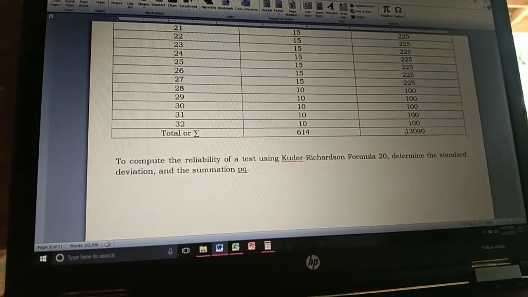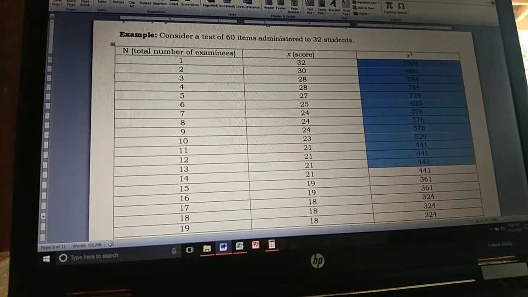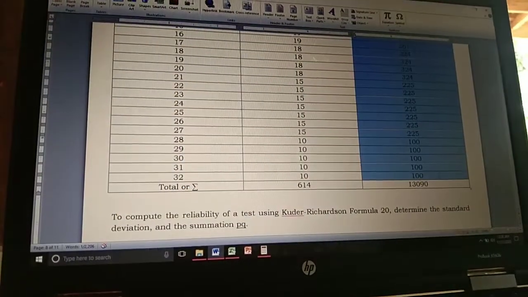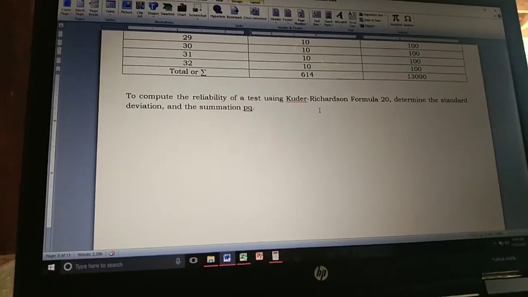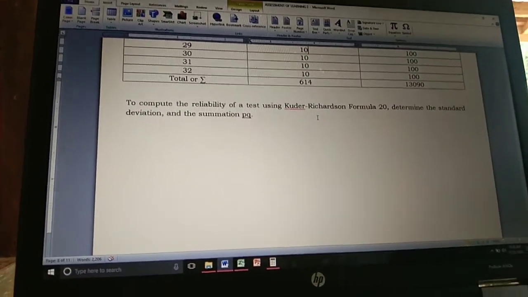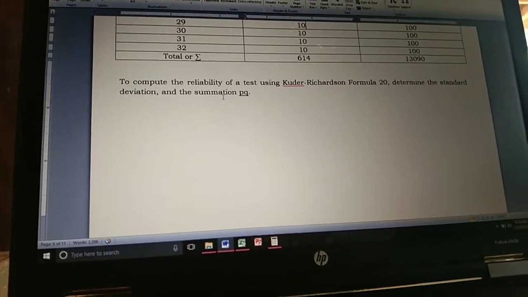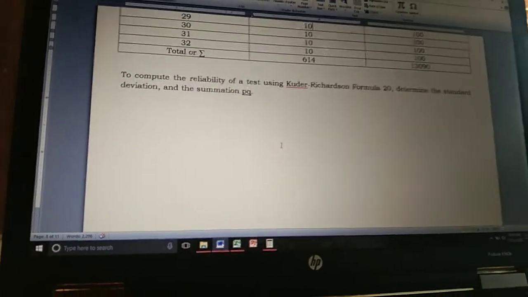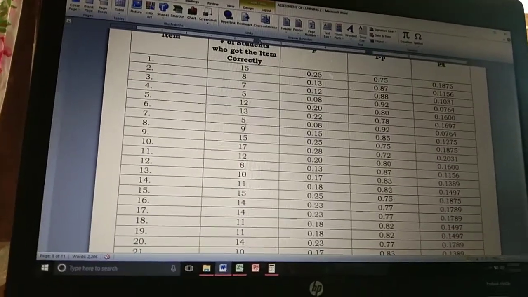So ito na yung summation niya, at ito na rin yung mga data ng every student's scores raised to the power of 2. Okay, to compute the reliability of a test using Kuder-Richardson formula 20, determine the standard deviation and the summation PQ. So ito, confusing ito siya pero challenging.